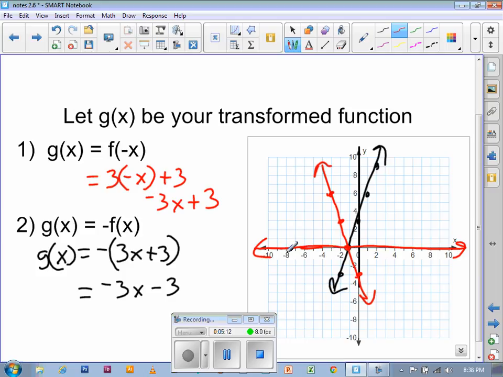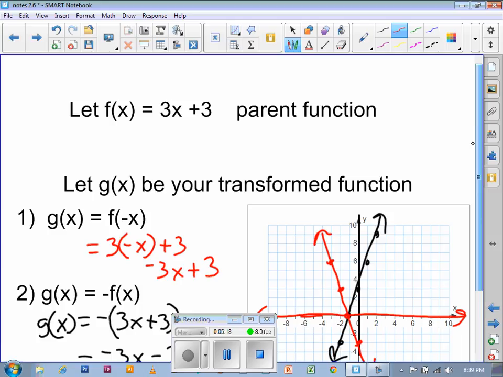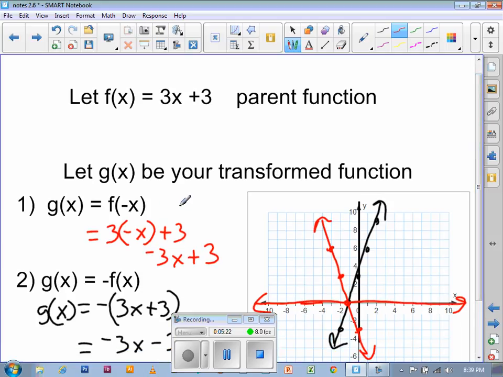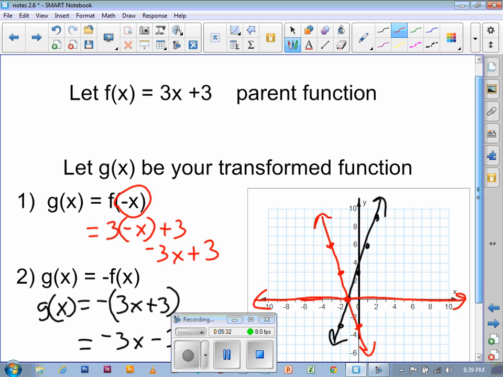So it's a fairly simple task to reflect functions. You take your parent function, which is provided to you in the directions. If you want to reflect it over the y-axis, you just insert the negative x into the function. We simply replace the x with a negative x, and that will automatically reflect it over the y-axis.